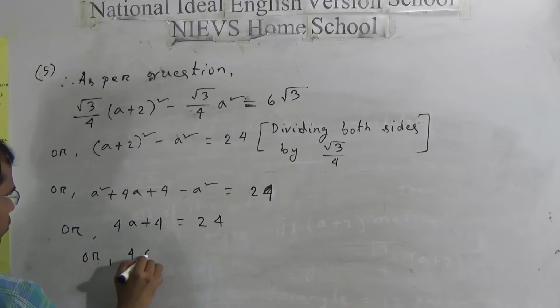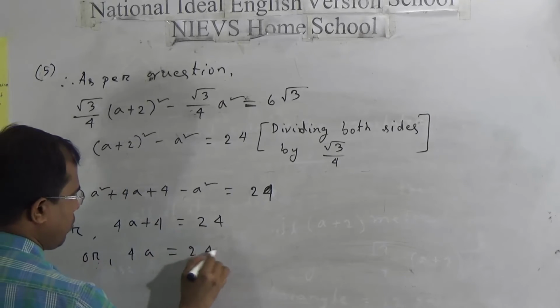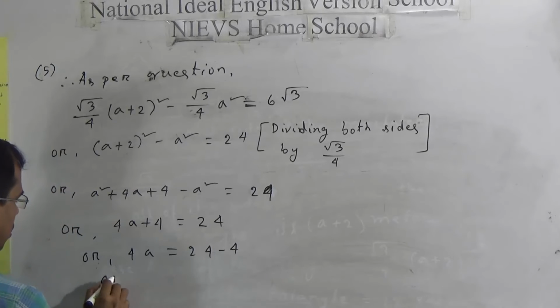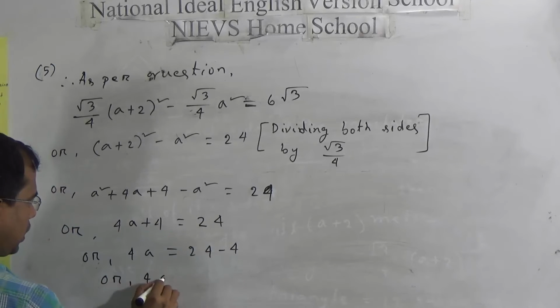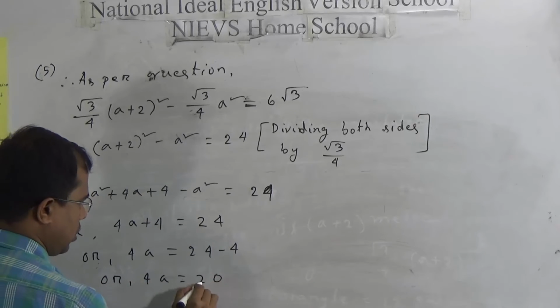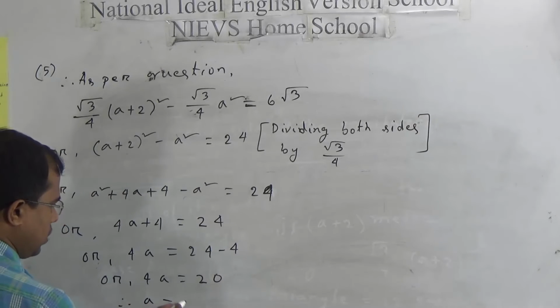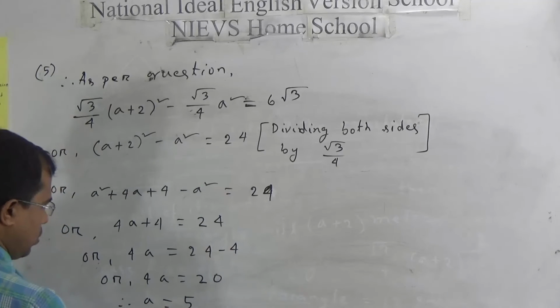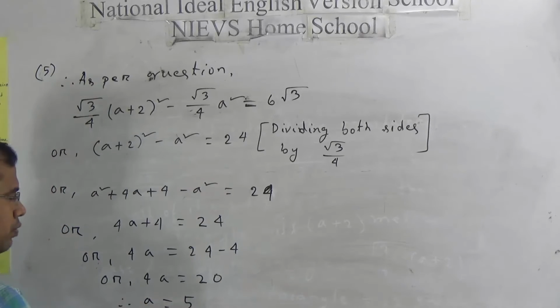Or 4a is equal to 24 minus 4. Or 4a is equal to 20. Therefore, a is equal to 5. So the length of each side will be 5 meter.